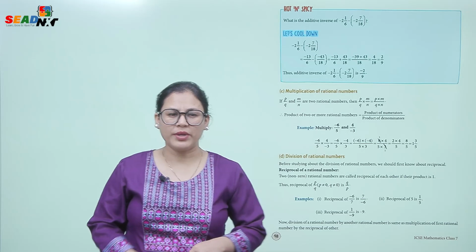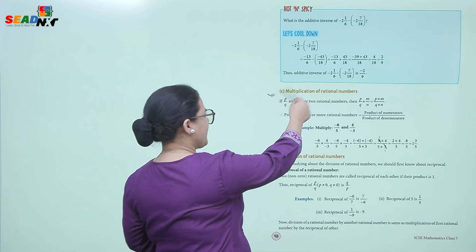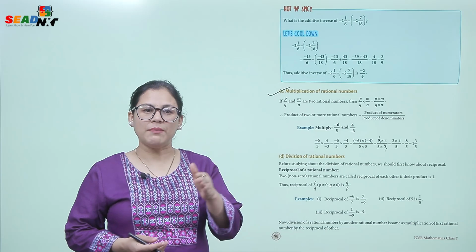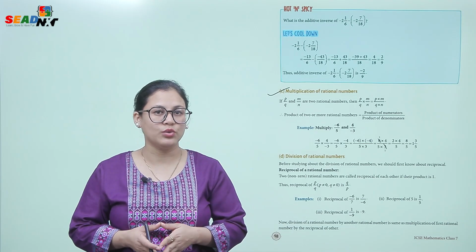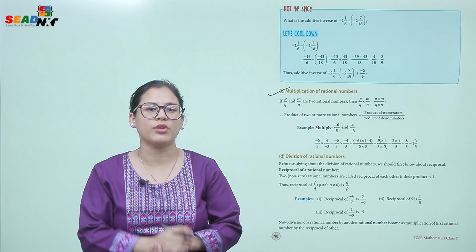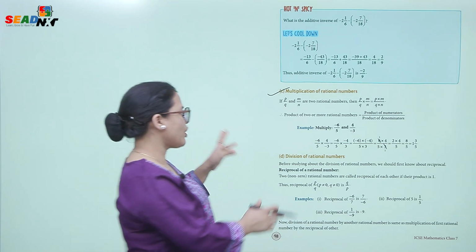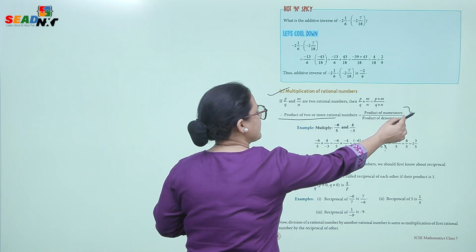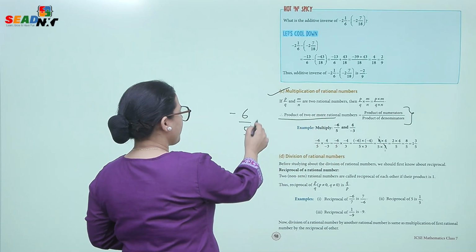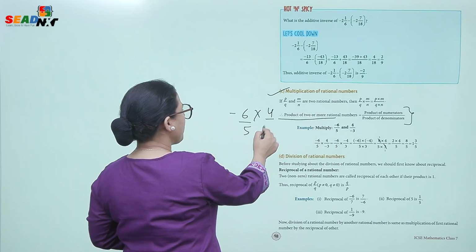Now move on to next topic, which is multiplication of rational numbers. If P by Q and M by N are two rational numbers, then P by Q into M by N is equals to P into M upon Q into N. Means product of numerators upon product of denominators. Okay, so product of two or more rational numbers is this. So example, let's multiply minus 6 by 5 and 4 by minus 3.